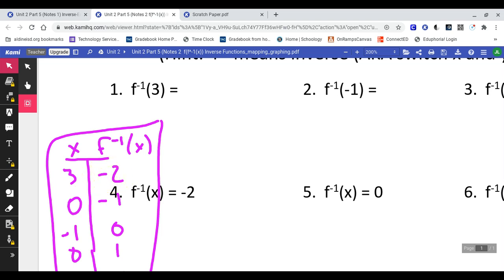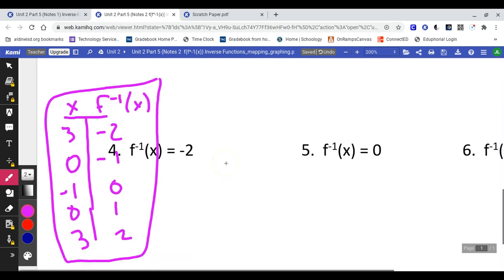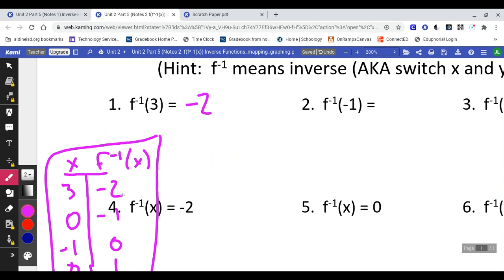So it should be equal to -2. If I see f inverse -1, again, the -1 is in the parentheses. So I'm going to copy down the 0 across from the equals.